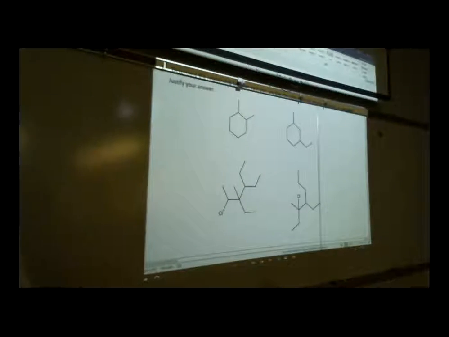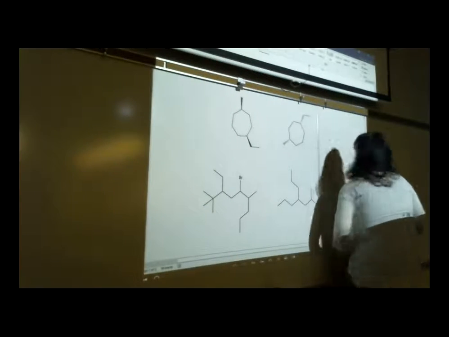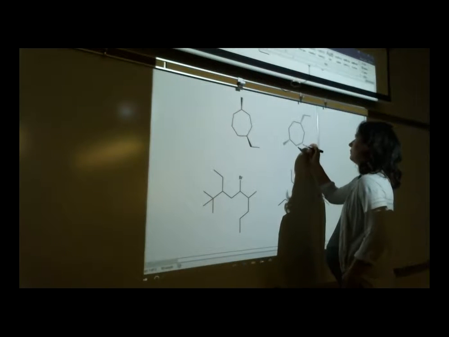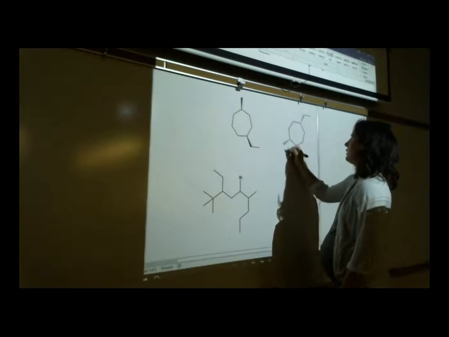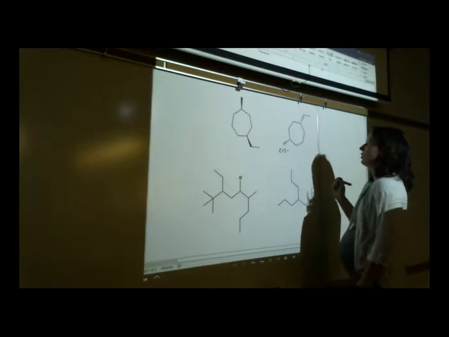Let's go to the second pair. What's the name of this molecule? It's cis, yes, because they're on the same side. And then where's carbon number 1?